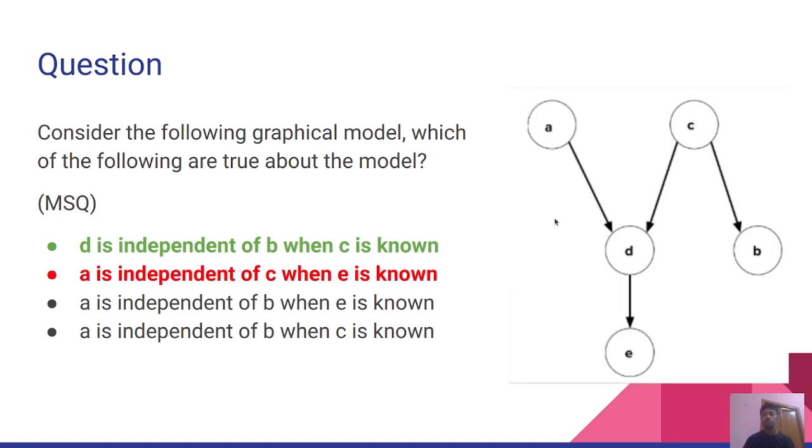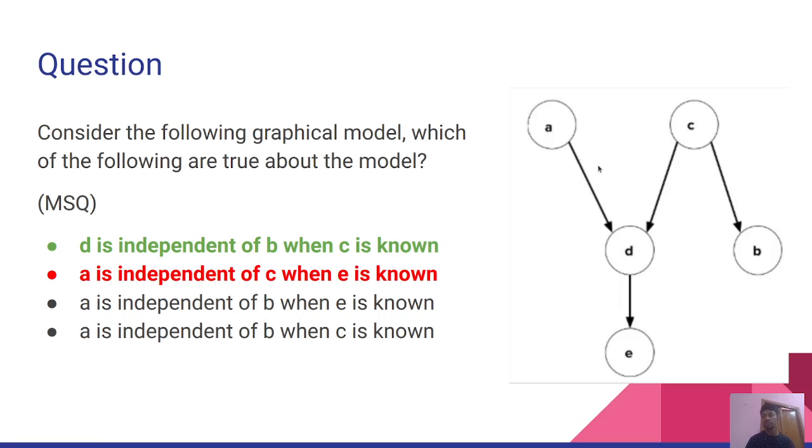What is the rule when we have two parents and one child? They will be independent when D is given, but here D is not given, so they are not independent.